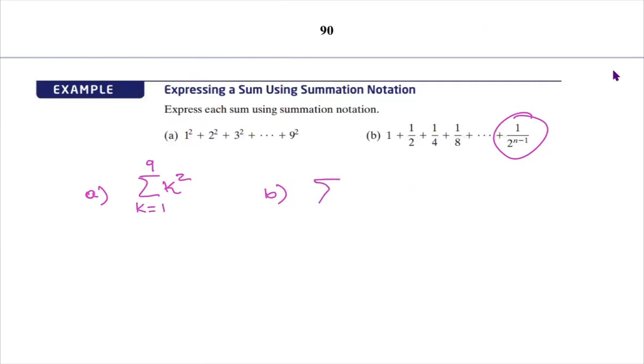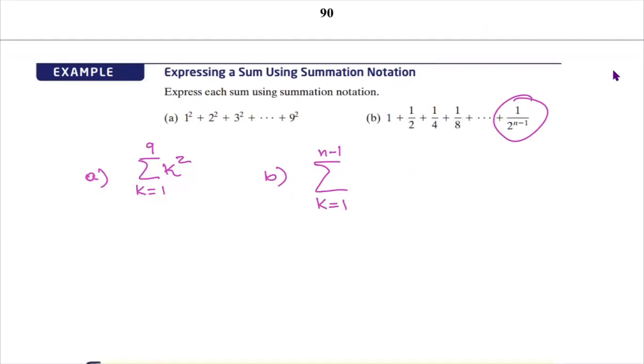So that's summation of k from 1 to n minus 1 of 1 over 2 exponent k minus 1.